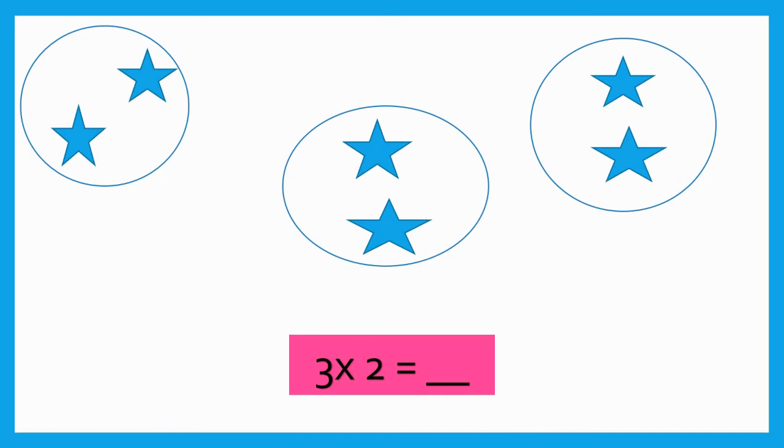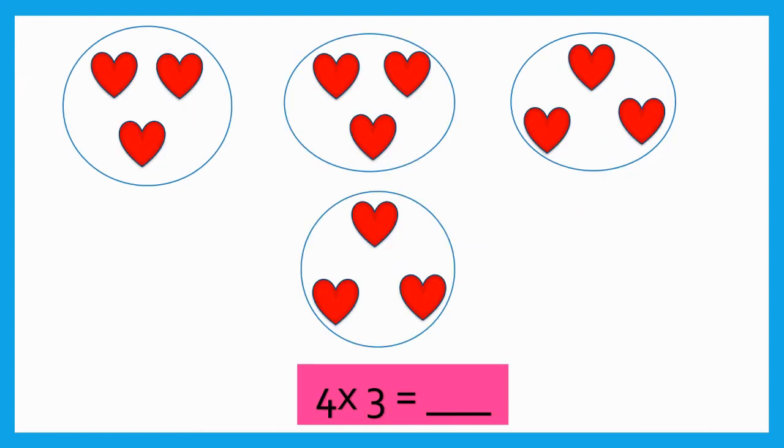So 3 into 2 is equal to dash. Now here we can see 4 groups and 3 hearts in each group. So 4 into 3 is equal to dash.